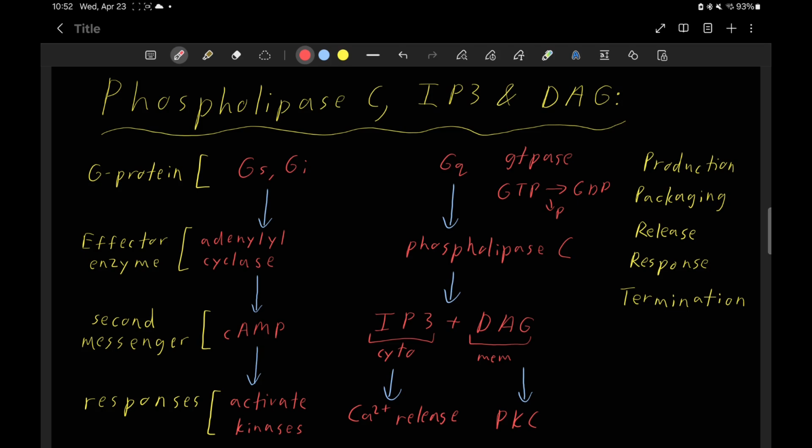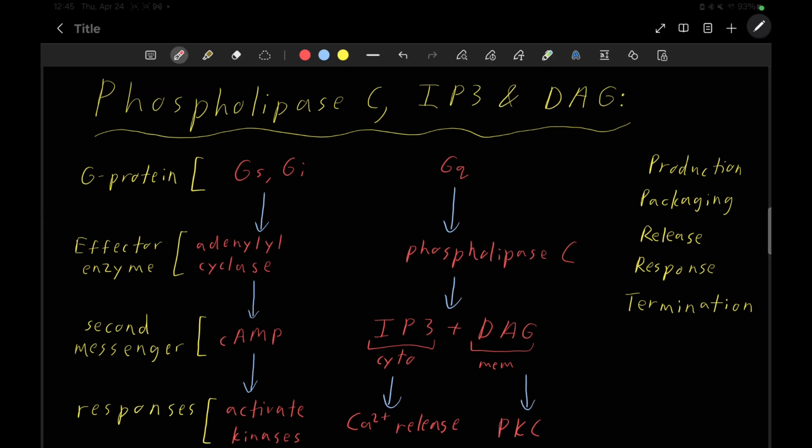And this applies to any type of G protein, whether it's Gs, Gi, Gq, or any others. And this is important because remember, looking again at our cell signaling framework, after response must always come termination. Otherwise, our response will just go out of control, and this can be very dangerous.